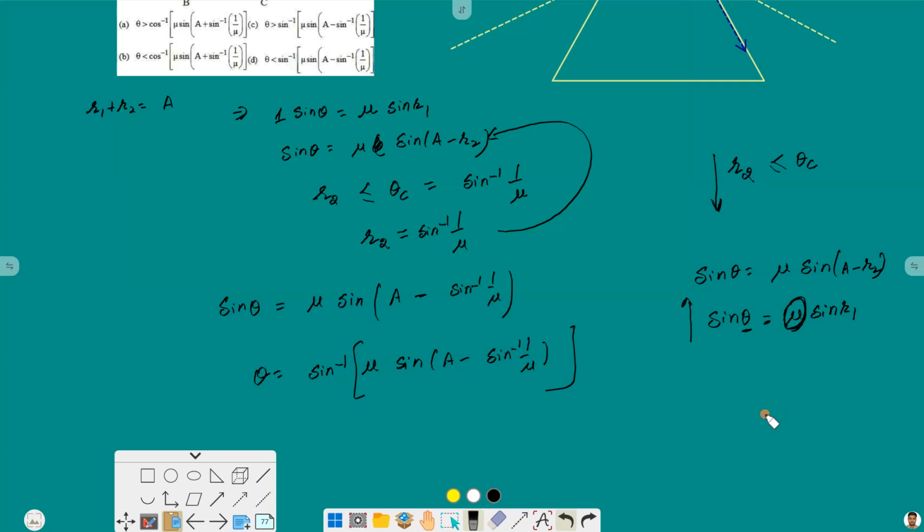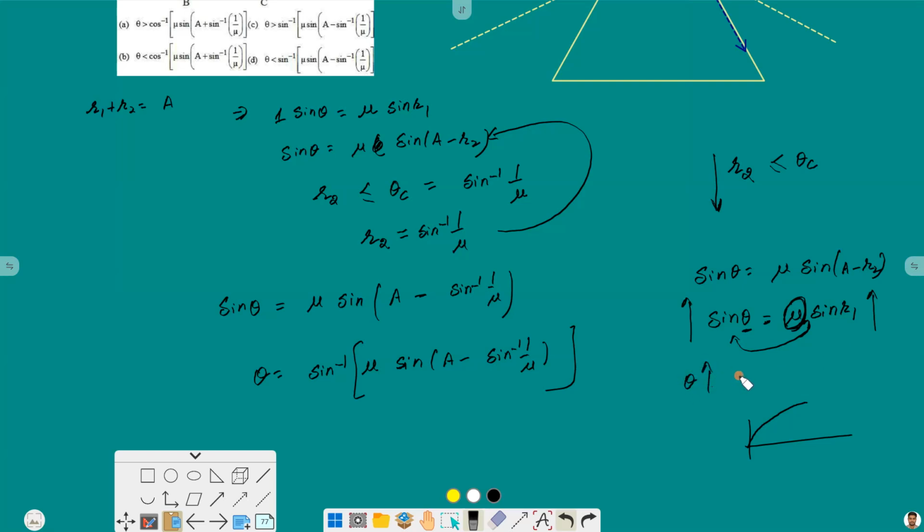So if we increase theta, because sine is an increasing function, up to 90 degrees sine behaves like this. So sine is an increasing function. If we increase theta, R1 has to increase, only then this equality will be satisfied. So if theta increases, R1 also increases.